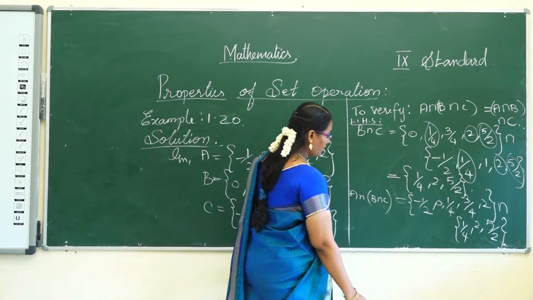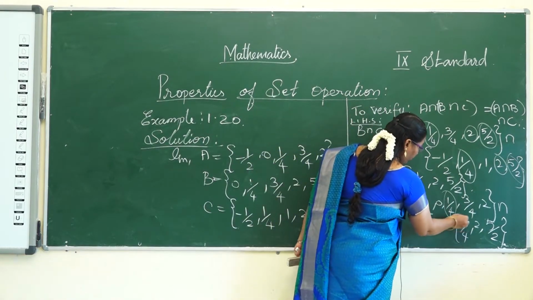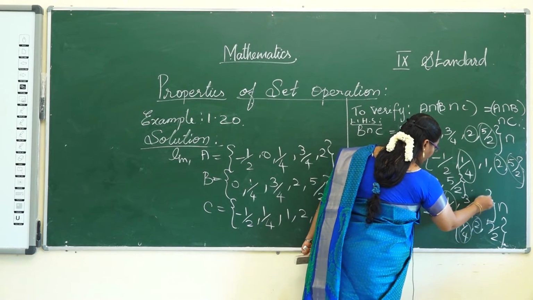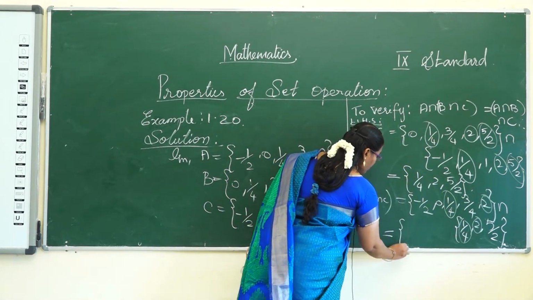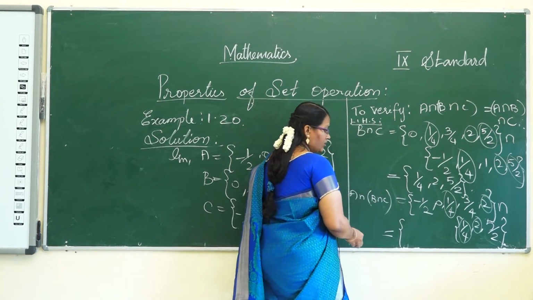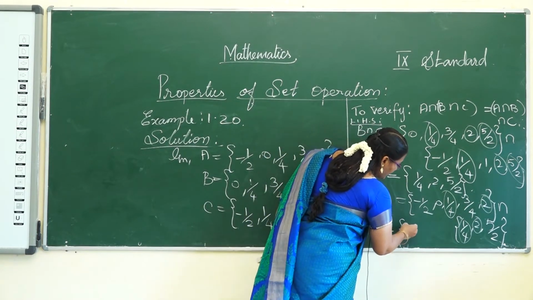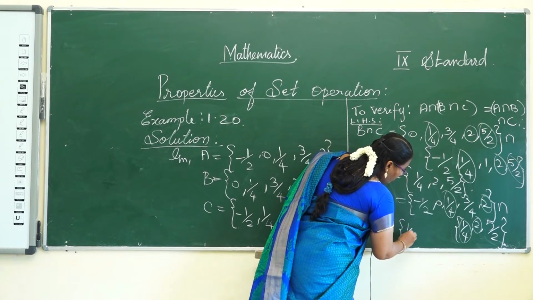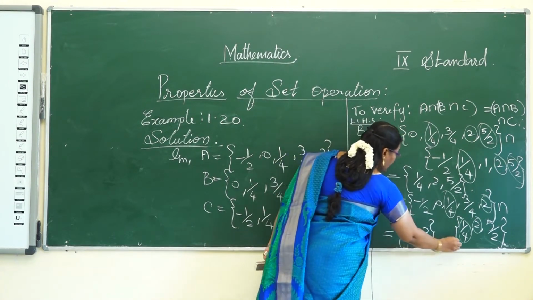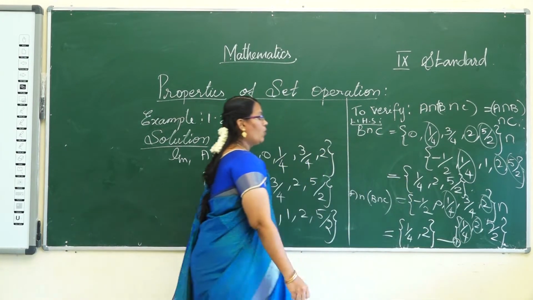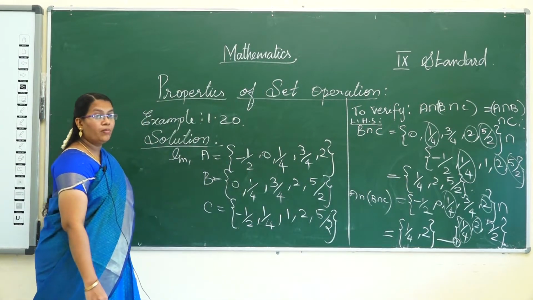So which are the elements common? 1/4, 2. So A intersection (B intersection C) has the elements 1/4 and 2. Okay, it is denoted equation number 1.